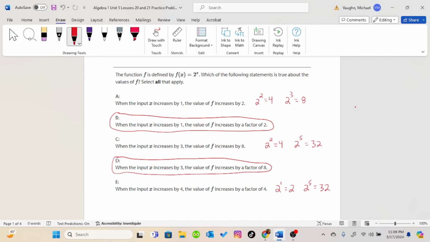This did not increase by a factor of 4. This increased by a factor of 16. So E is not correct.